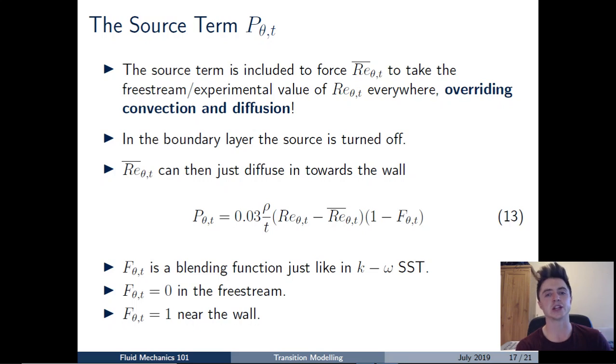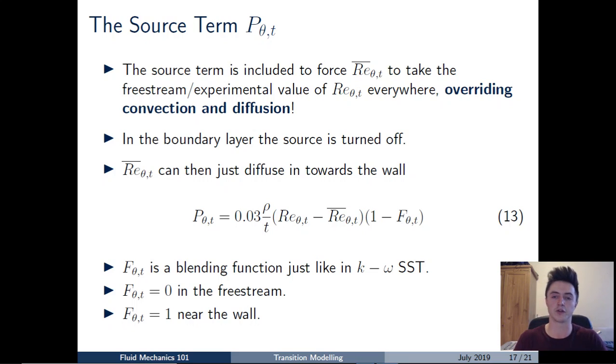Well, the way we do it is we use the production term to force the value of Re-theta T to take the empirical term everywhere in the flow except for in the boundary layer. And this also may take a bit of thinking and a bit of getting used to first.